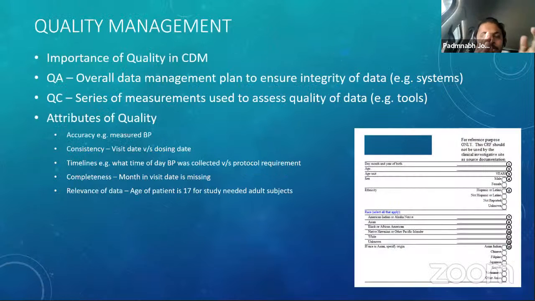As we have discussed in the last 15 or 30 minutes, what exactly data management is, this important puzzle in the jigsaw is so critical that a lot of members are dependent on the work we do as clinical data managers.